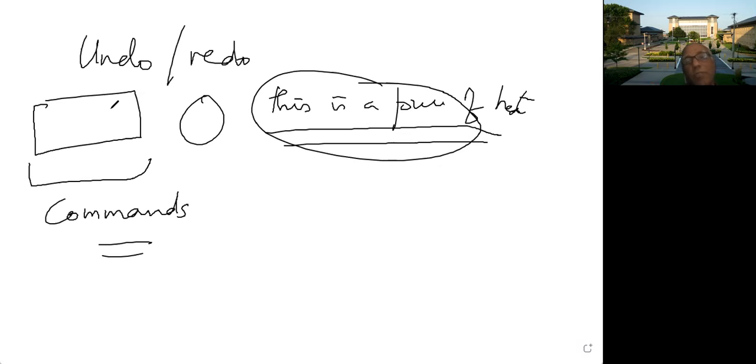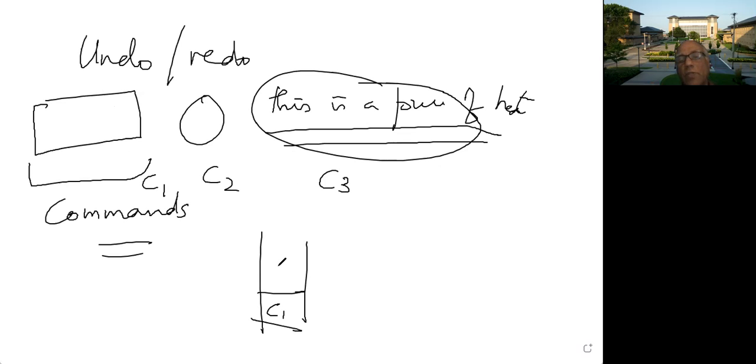We use a very simple approach in our drawing program. If you have, say, 3 commands issued so far, we put them on a stack: C1, C2, C3. Let's assume that we first drew a rectangle. We represent the whole information in a command object. We will see what that command object contains in a minute.